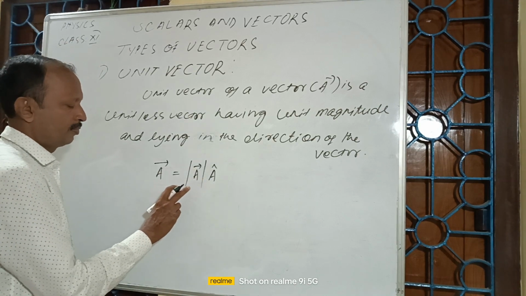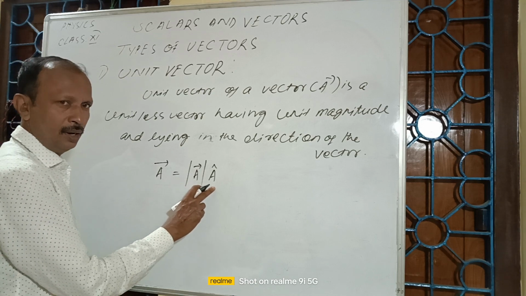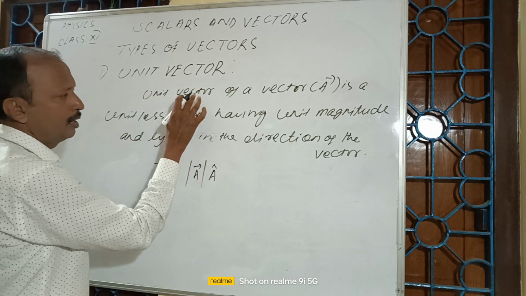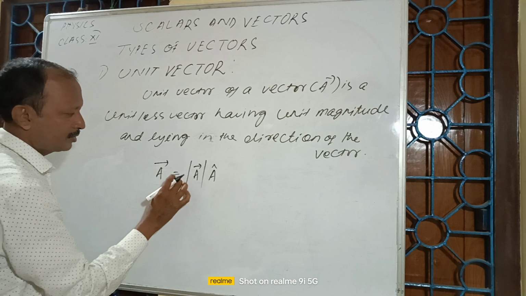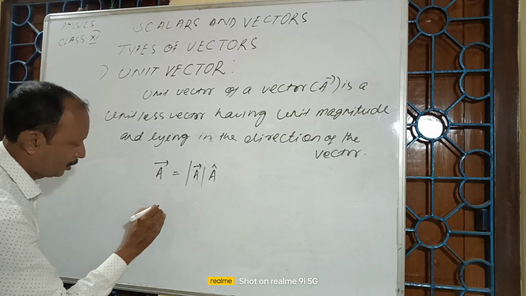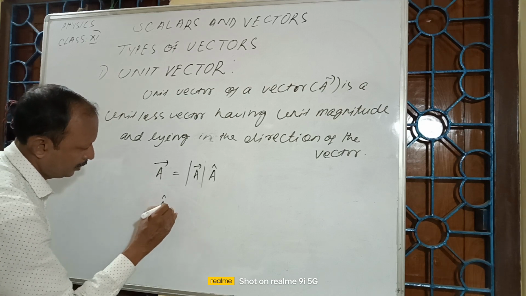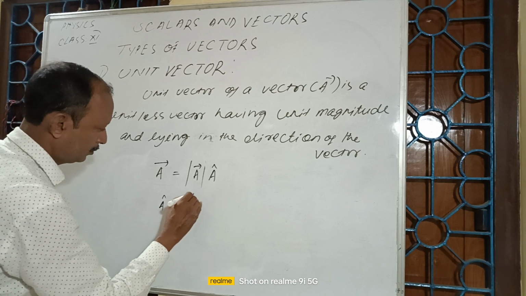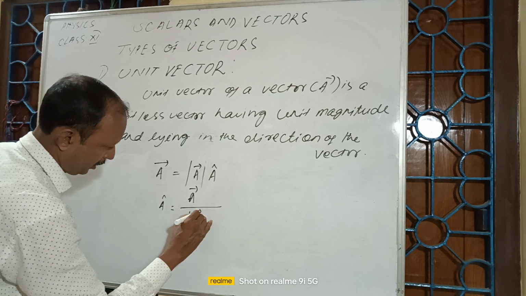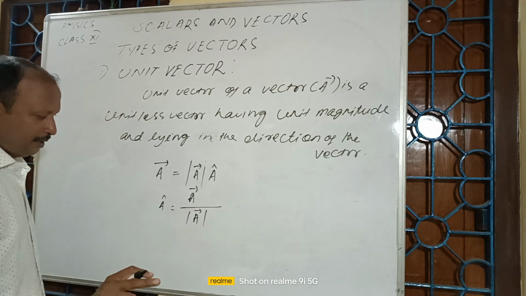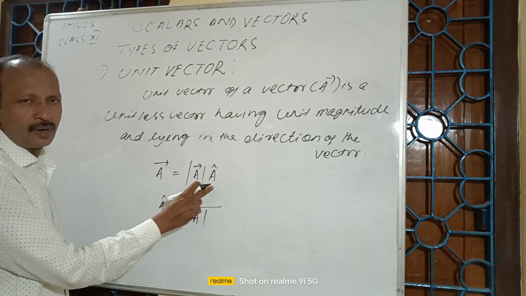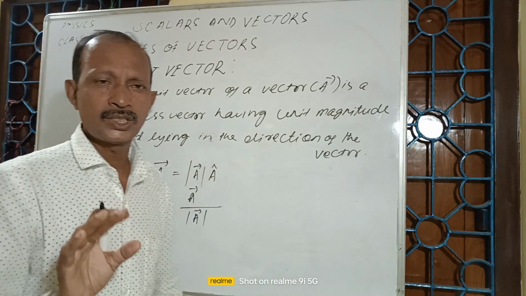This is the magnitude, this is the direction. But I said that a unit vector has unit magnitude, that means this is equal to 1, or I can say that A cap is equal to vector A upon modulus of vector A. That means I am dividing the vector by mod A. It gives only the direction.